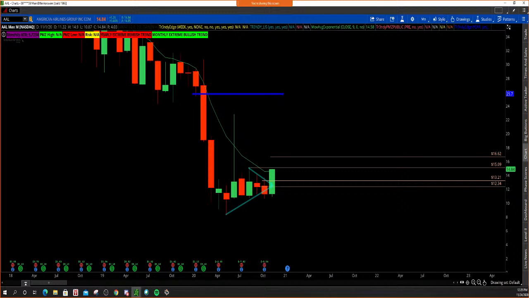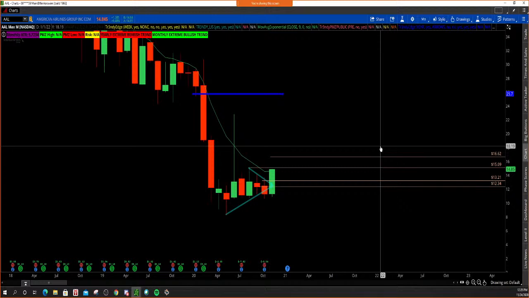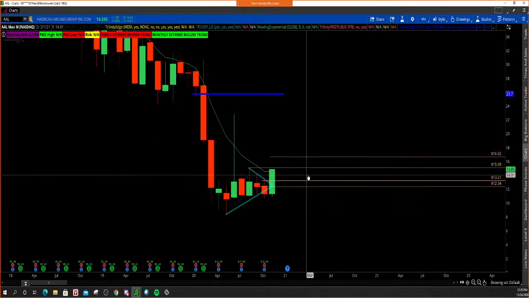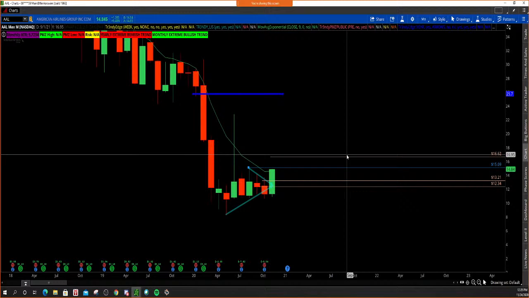My thinkorswim is out of memory. There's too much going on here. I'm on a monthly. I am on a monthly, folks. Yep. The 9 EMA, baby. Right? Look at it. This thing has got some crazy range to it.